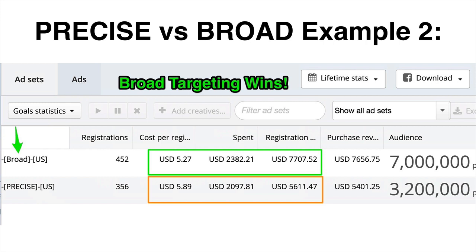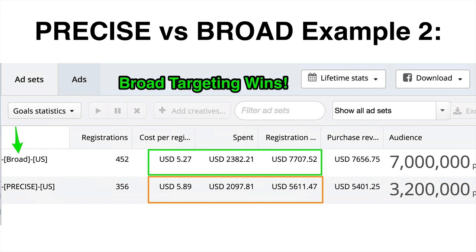Its cost per conversion is just a little bit higher, $589. I spent $2,000 to make $5,600. This is a rare occasion, but it happens. And this is why you should always split test your ads between broad interest and precise interest. It's good to be able to see this type of stuff, right? Really good to be able to see this type of stuff. And you can identify where your winners are, your big winners are, and your losers are.